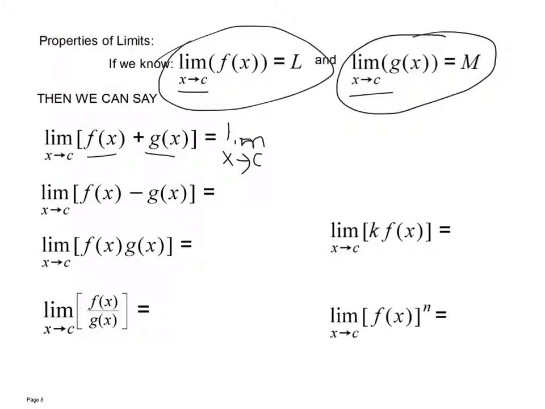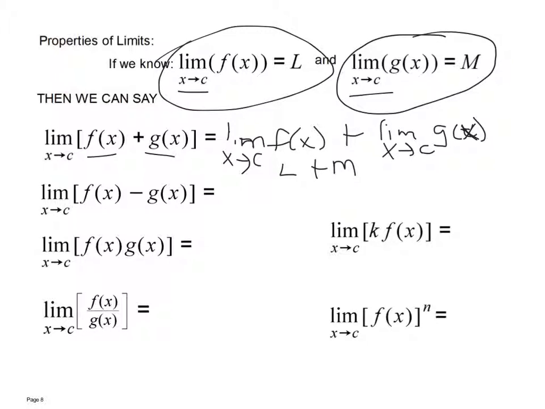So if you know each limit individually, you can just do the limit of f, do the limit of g, and I put a c in there instead of an x, my apologies. Then you can just say that's going to be L plus m.